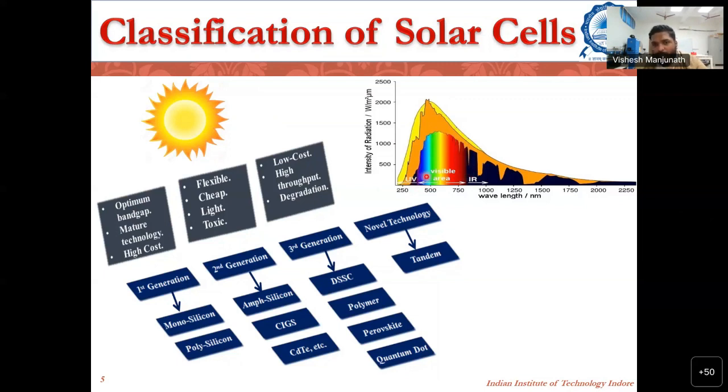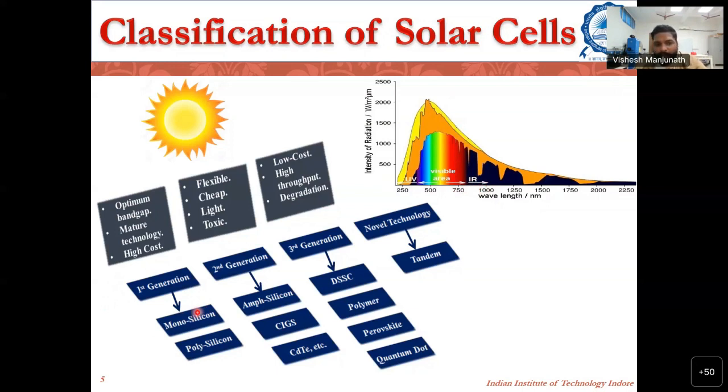More than 70% of the solar spectrum we receive for terrestrial application is in the visible region. So people thought of harnessing the visible region. Around 800 nanometer the visible region ends, and that corresponds to the band gap of silicon according to Planck's equation, and that's the reason people started with silicon for first generation solar cell applications.